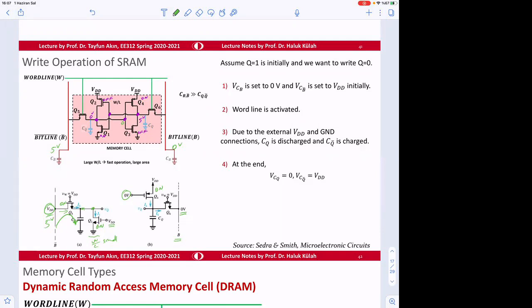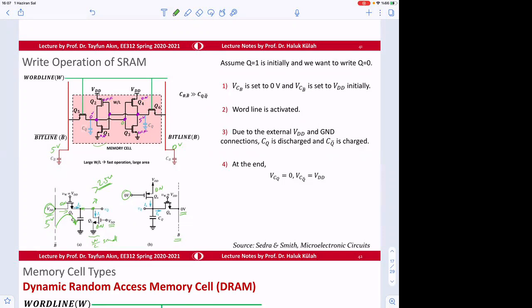So therefore the weak transistor will lose. So the voltage here will be going beyond 2.5 volt. And once it goes beyond 2.5 volt, this inverter output will switch.